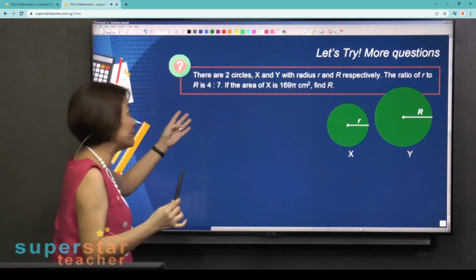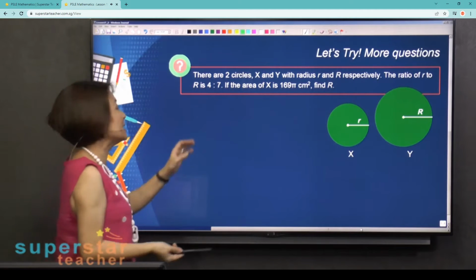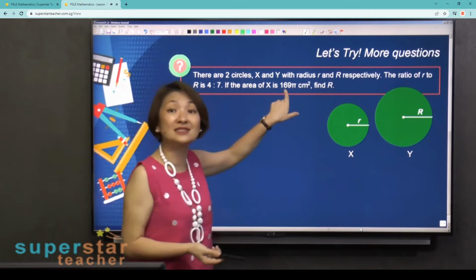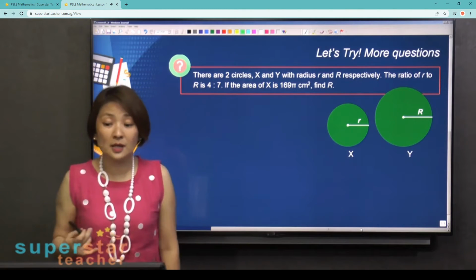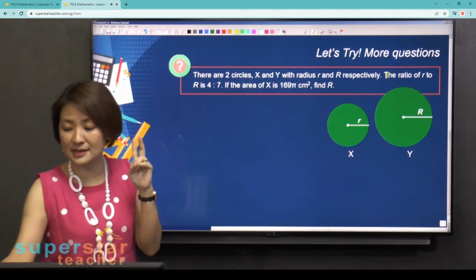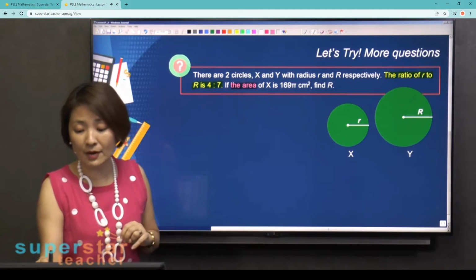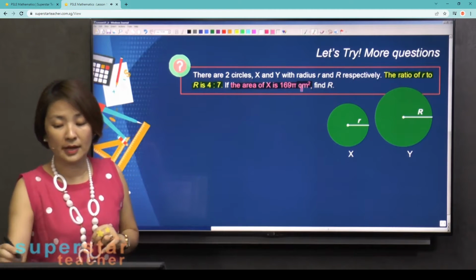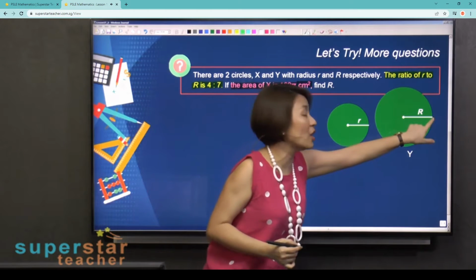So there you have a ratio, and in this topic called area of circles, if the area of X is 169 pi square centimeters, find big R. So where is the clue? I have 2 clues. The first clue is the ratio. The second clue is the area of X. I have to make use of these clues to find the length of this.